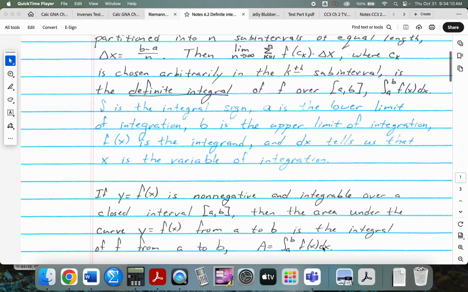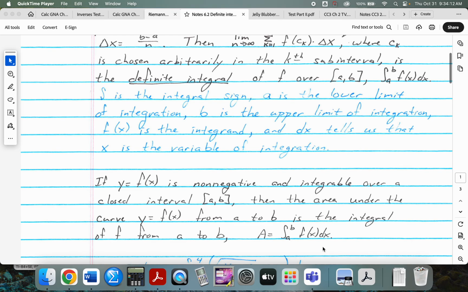All right, so if our function f of x is non-negative and integrable, sort of like where you can take a derivative of something, we call it differentiable.